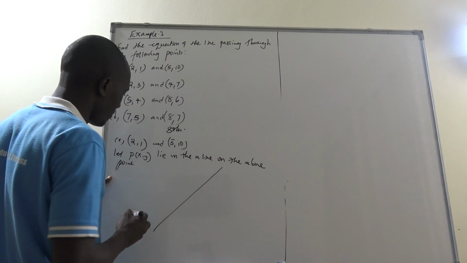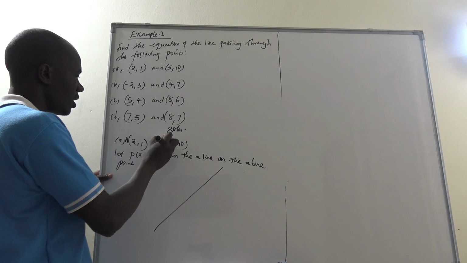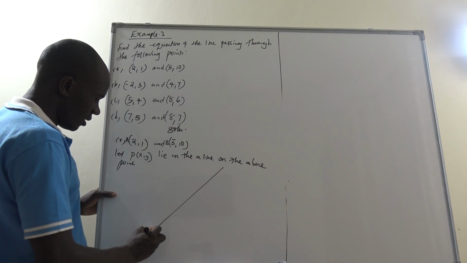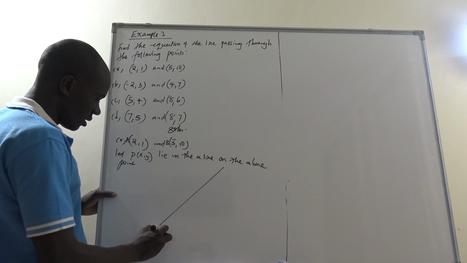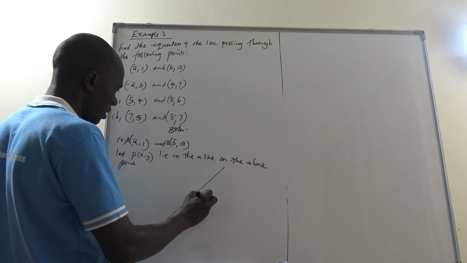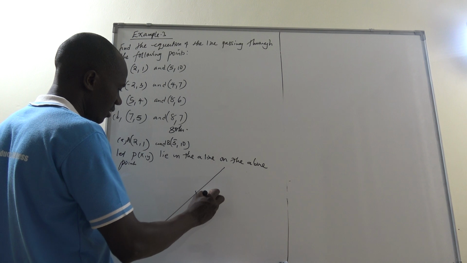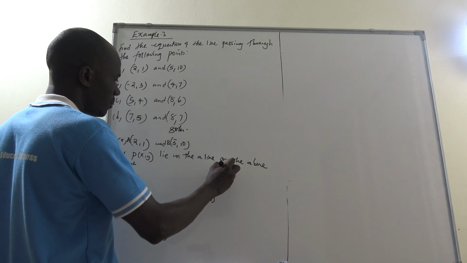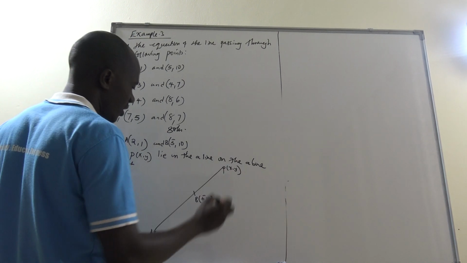If I call this A and B, point A is (2, 1), point B is (5, 10), and this is point P, which I'm calling (x, y).